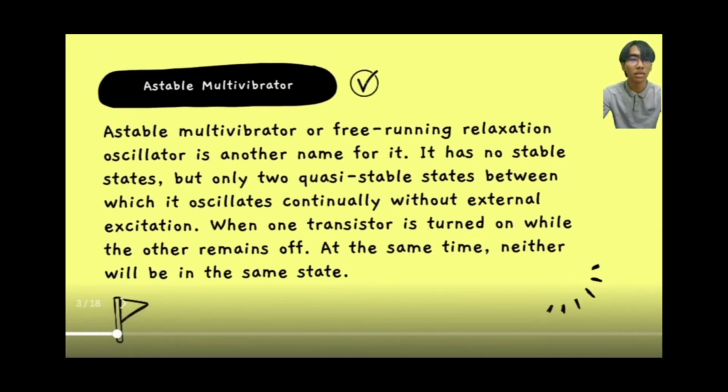The astable multivibrator, or free-running relaxation oscillator, is another name for it. It has no stable state but only 2 quasi-stable states, and it oscillates continually without external excitation, when one transistor is turned on while the other remains off. At the same time, neither will be in the same state.